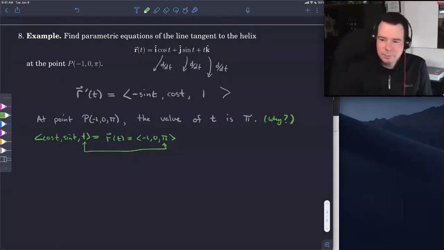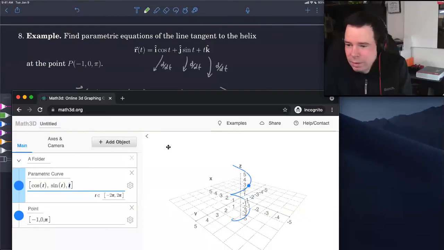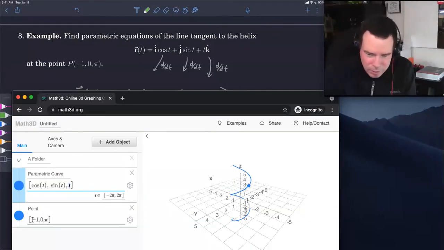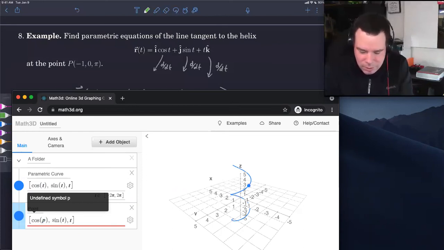So that means if I go back to our construction, notice how I plotted my point by (-1, 0, pi). I could have done that instead by taking the parametrized curve and using the value pi for each of these values of t, pi and pi.